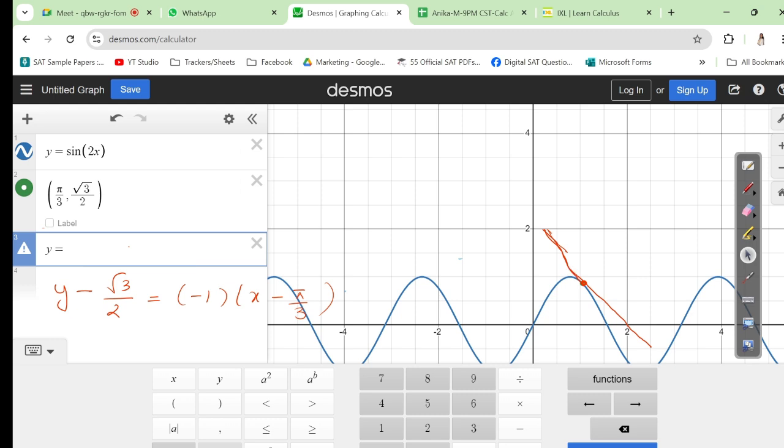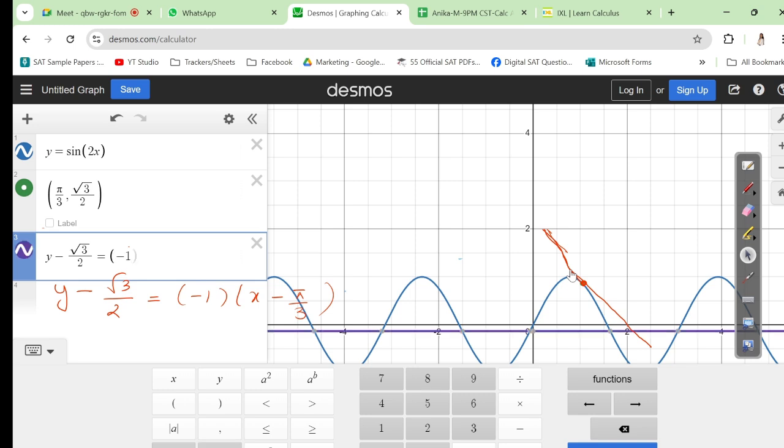y minus root 3 over 2 equals -1 times x minus pi by 3.